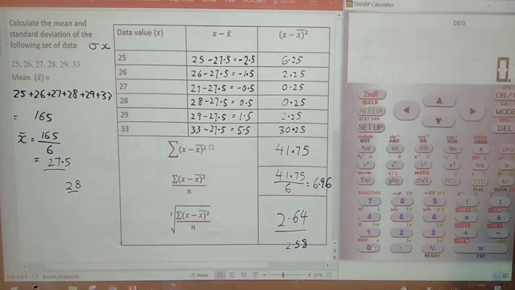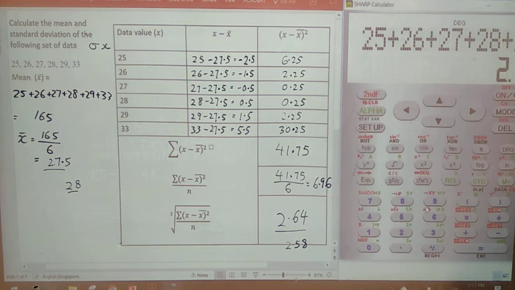I'm going to add my values up to see whether I performed the calculation correctly. 25 plus 26 plus 27 plus 28 plus 29 plus 33 equals 168. Ha! I left out 3. Oh my goodness. Okay. Me being a math teacher, I stuffed this up.